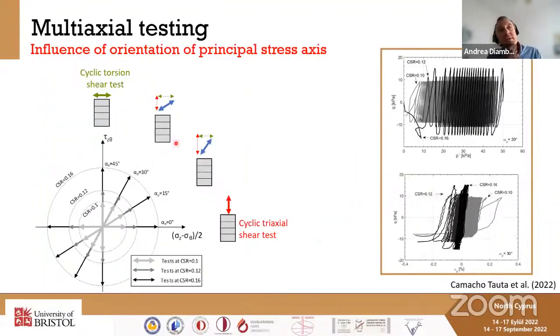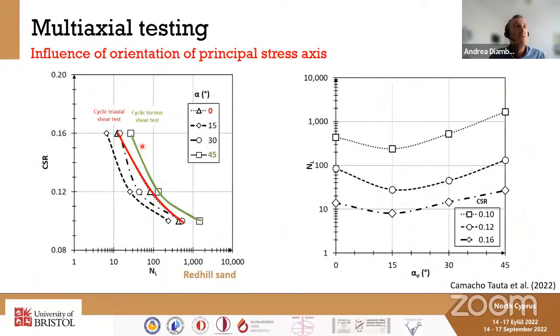In Bristol, we have recently done a little bit more work on the influence of orientation. So instead of just testing samples in triaxial compression, extension, and torsion, we have then imposed different directions. So here we just change the orientation, but we have not applied any rotation. You can see some typical results on my right-hand side. But let's now see how the liquefaction curve develops.